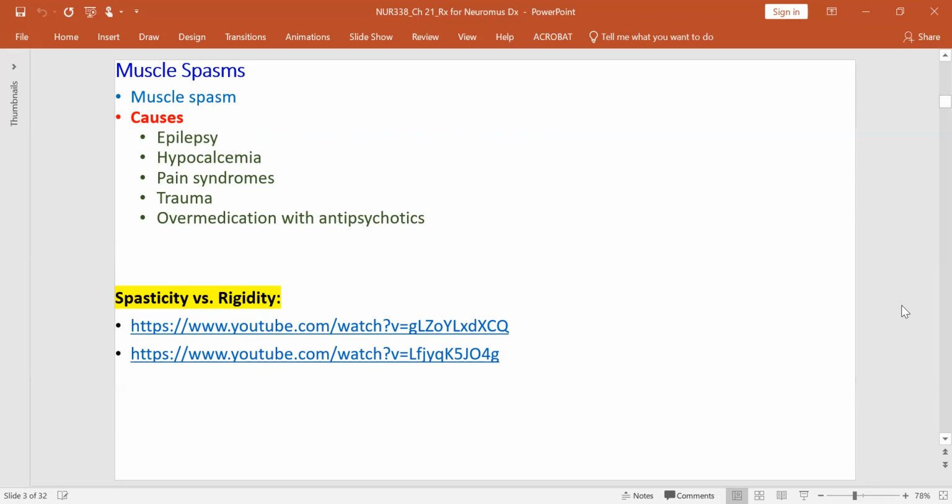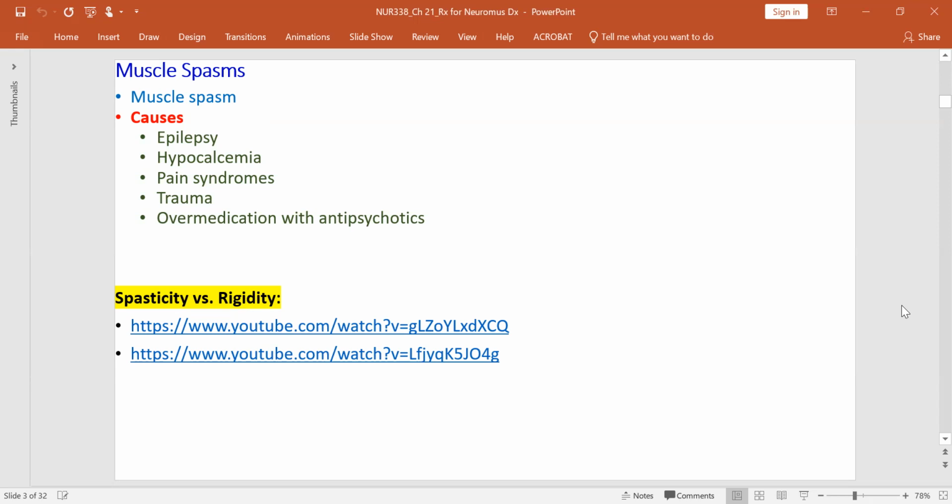A tonic spasm is a single prolonged contraction of a single muscle, where the muscle contracts for a long time. A clonic spasm is due to multiple rapidly repeated contractions of one or more than one muscle.